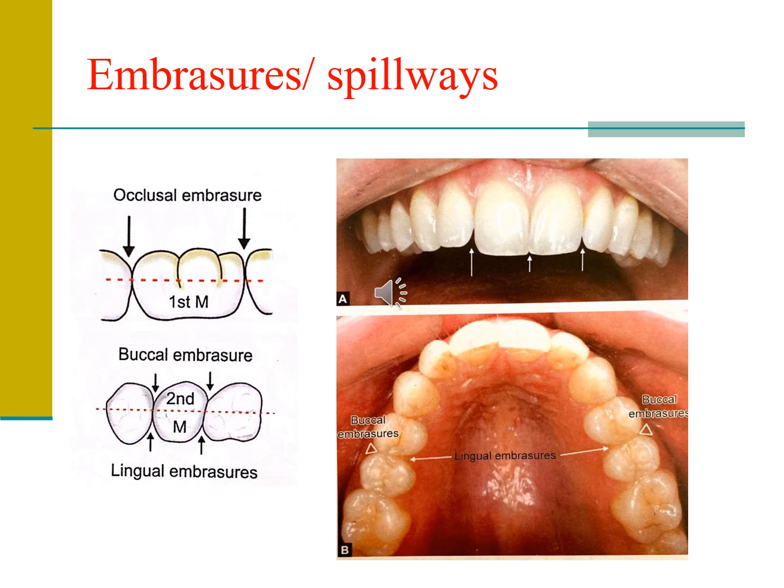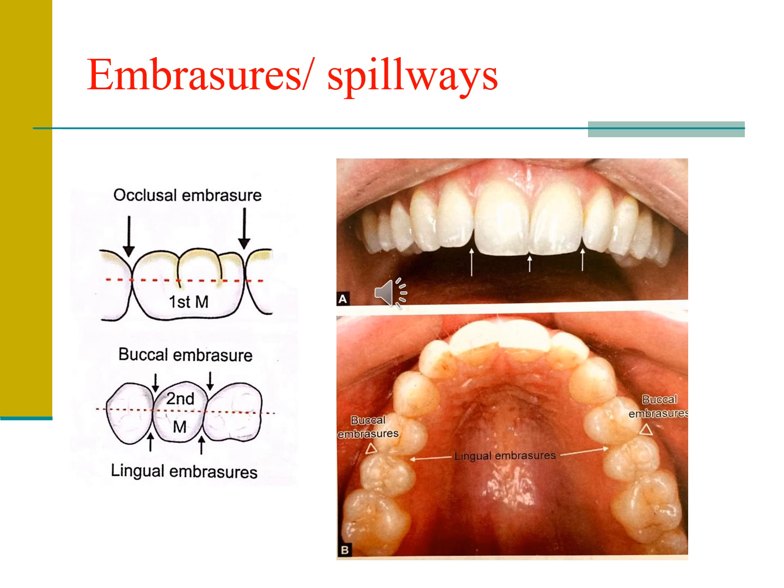You can see the incisal or occlusal embrasures from the facial view, and in B, you can see the buccal and the lingual embrasures as seen from the occlusal view of the teeth.